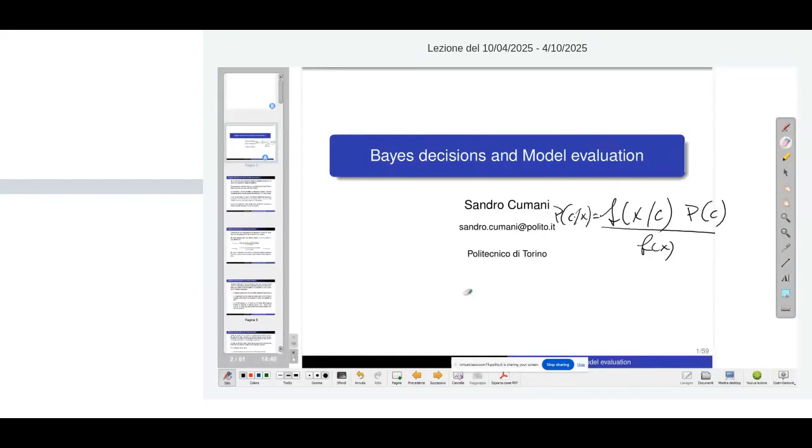Okay. Then today we will take a break from classification models. We will come back to classification models after holidays, because with the schedule that we have now, we will have this lecture this week.